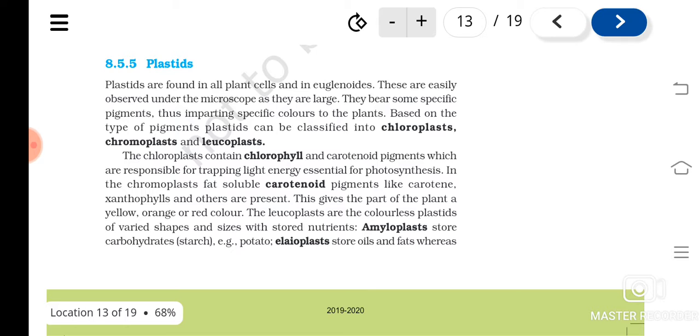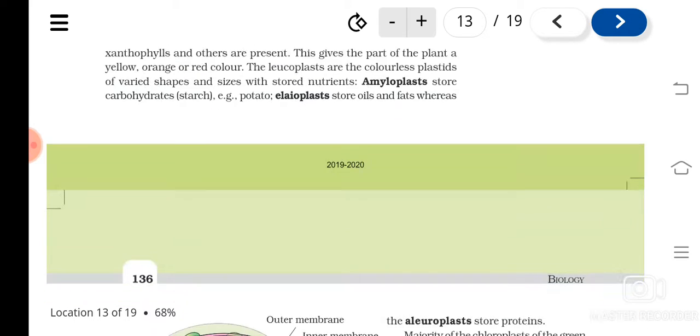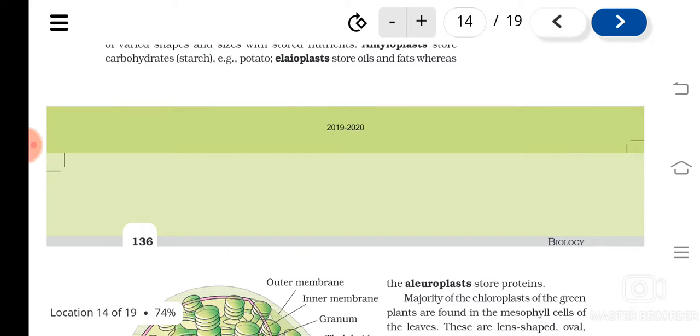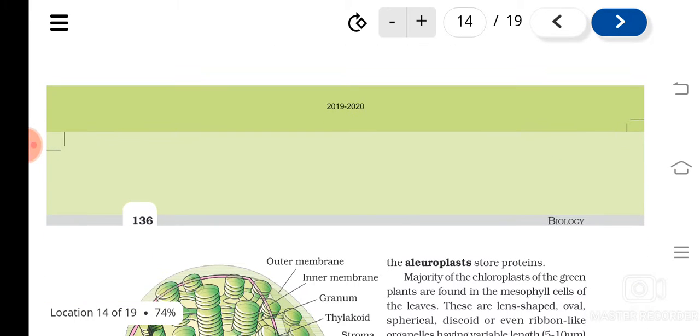On the basis of what kind of food materials they store, they are of different types. Amyloplasts are those plastids which store carbohydrates. Understood? And elaioplasts are the plastids which store fat, and aleuroplasts store proteins.